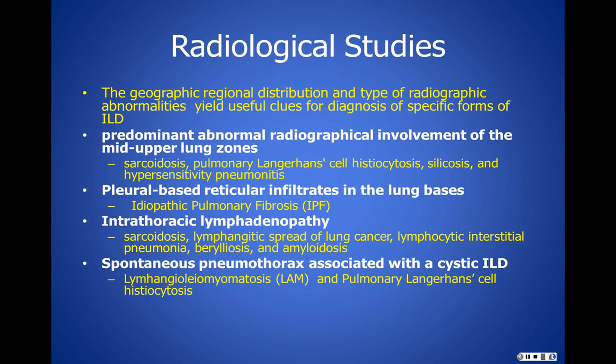Okay? Pleural-based or reticular opacities: idiopathic pulmonary fibrosis. If you have intrathoracic lymphadenopathy, it could be sarcoid or lymphangitic spread of cancer. Spontaneous pneumothorax can be associated with the two rarest interstitial lung diseases. One of them is lymphangioleiomyomatosis and the other is pulmonary Langerhans cell histiocytosis.